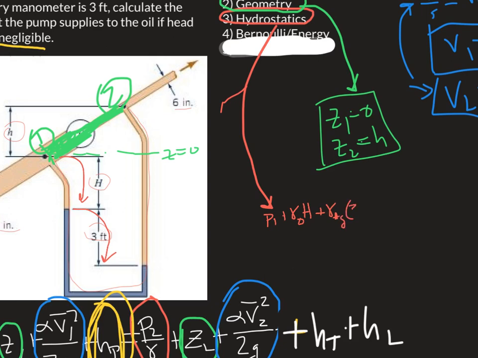Now we're going to go back up all this way, minus gamma of the oil times, well, we can't quite see it all. I hate working down in this corner.